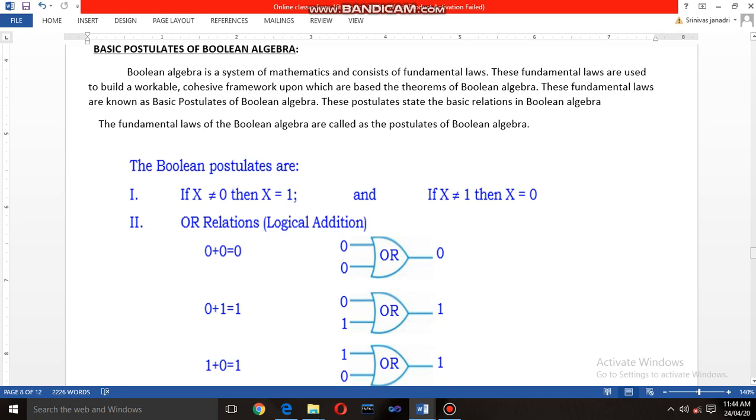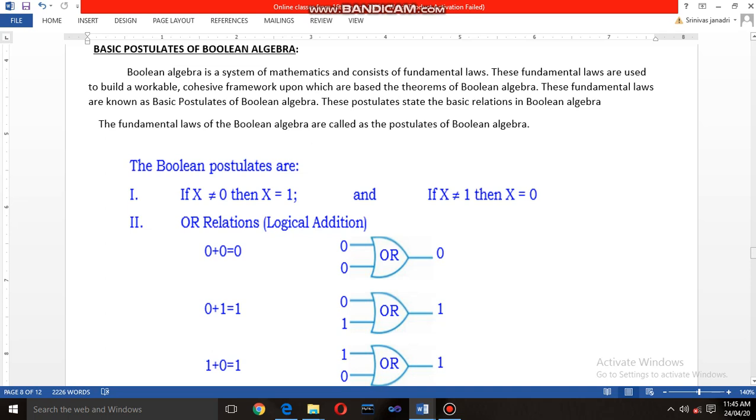First one is, if x is not equal to 0, then x must be 1. I told you in the very first class that Boolean algebra works only on the binary number system. The binary number system consists of 0 and 1. If x is not equal to 0, it must be a 1.